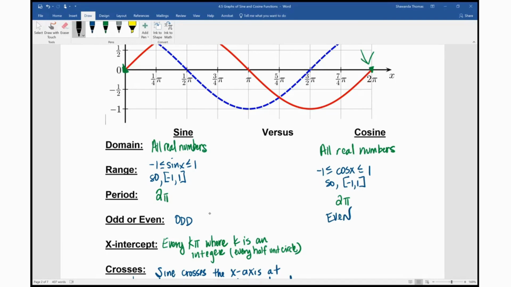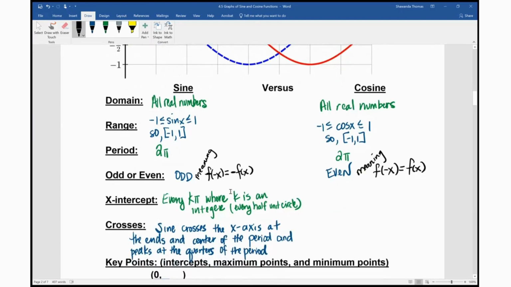Odd means that if you plug a negative x into the function, you get negative f of x out. Even means if you plug in a negative x, you just get the original function back. For odd, all the signs change.